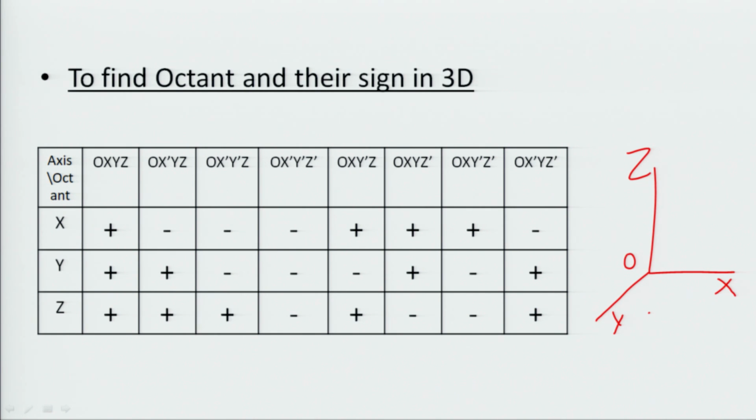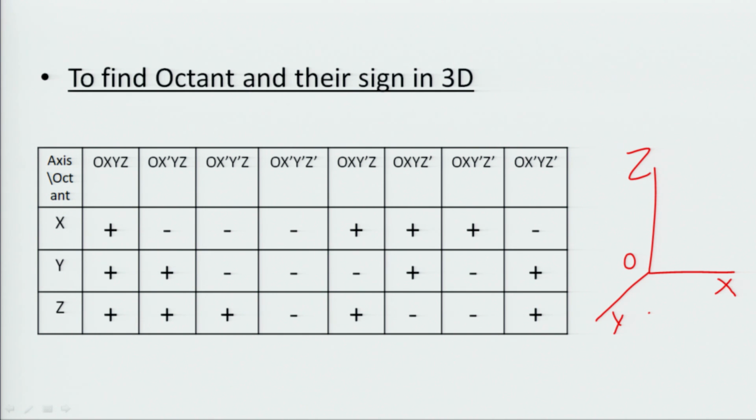First is the O x y z plane, second is the O x dash y z plane. O x y z is in the positive direction, and O x dash y z is opposite of x. Their signs: in the first case all are positive, and in x dash, x is negative and the rest y and z are positive.